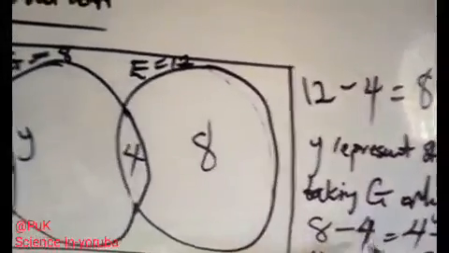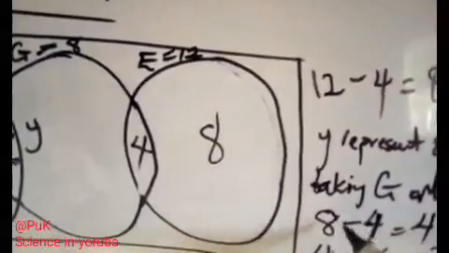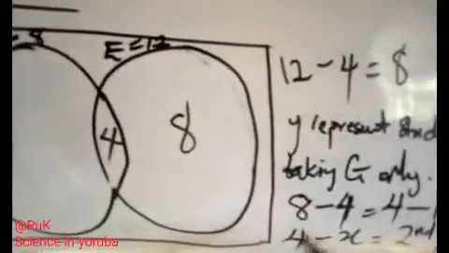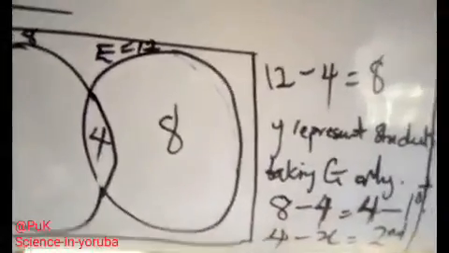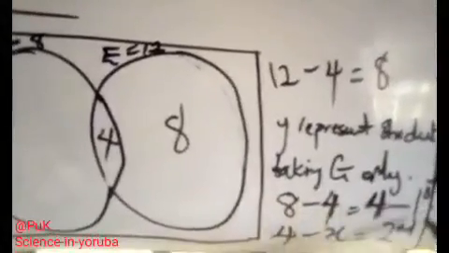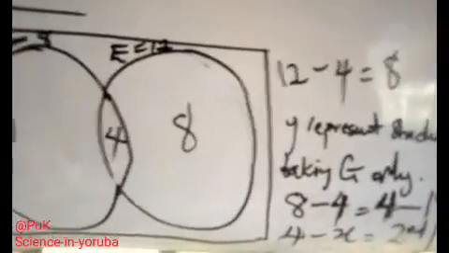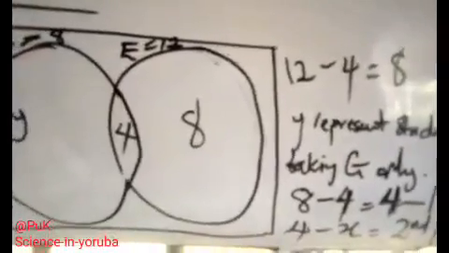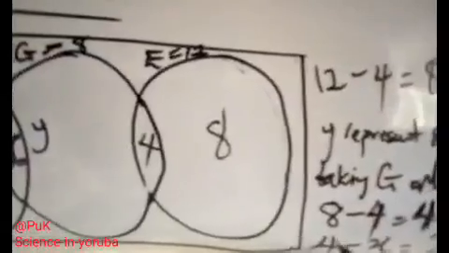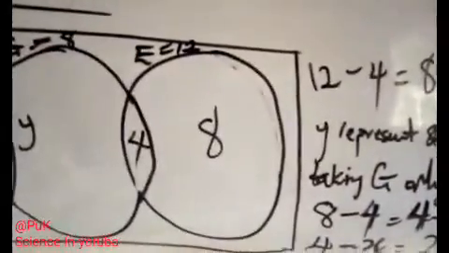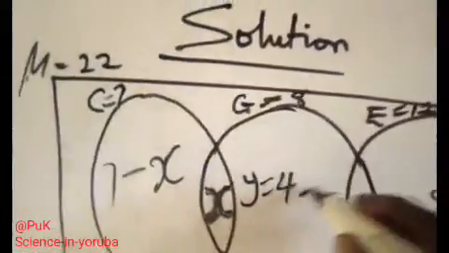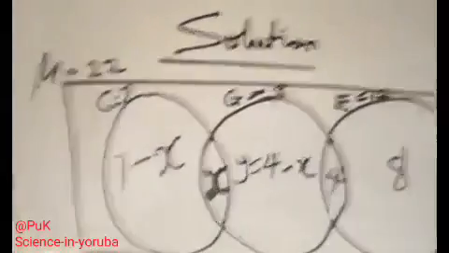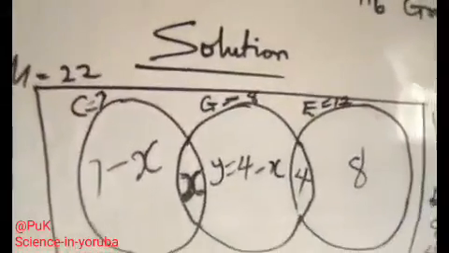When we subtract those taking government and economics, we are left with 4 students. Among those remaining 4 students, some take government and chemistry, which is x. So 4 minus x is our y. Understand?